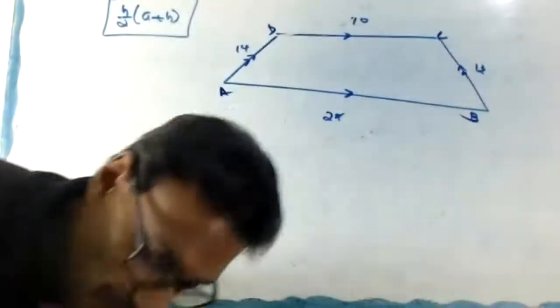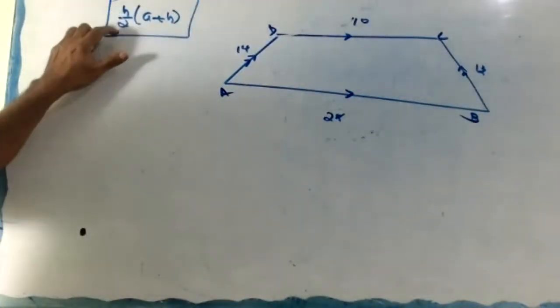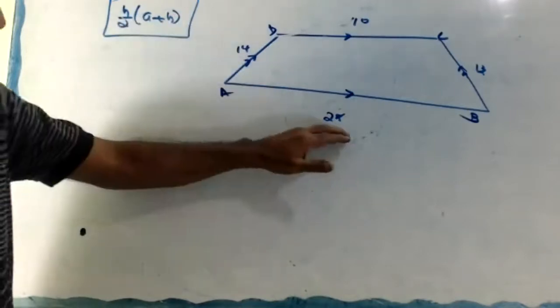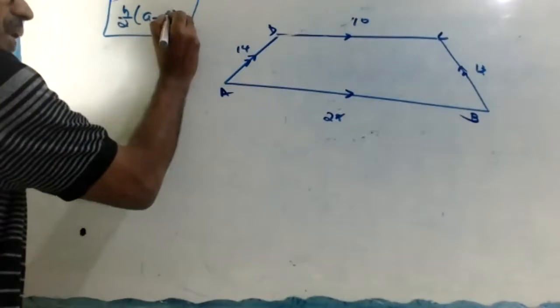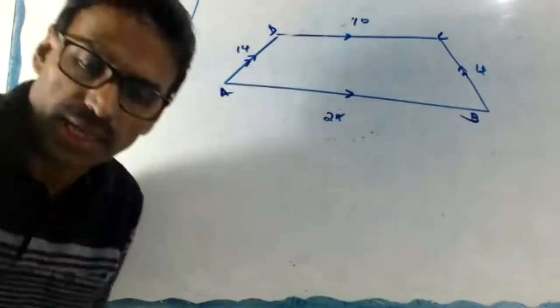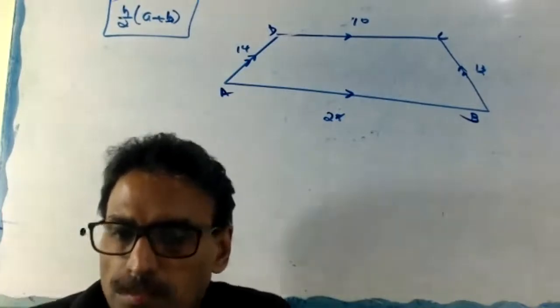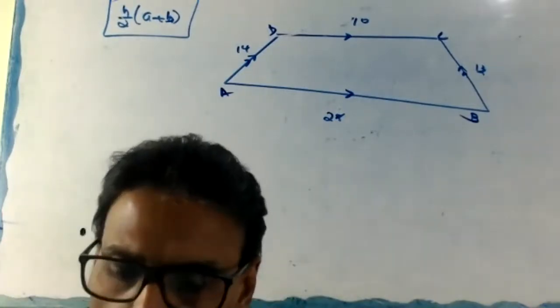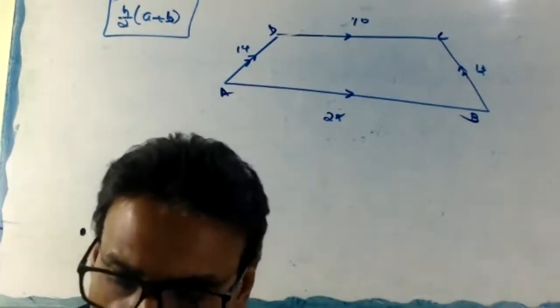Okay, so we have to find the area. Area formula is h by 2 into a plus b. a is 25, b is 10. Only the height we have to find. Height only is missing. Is the question clear or not? Our purpose is to find the area of a trapezium.